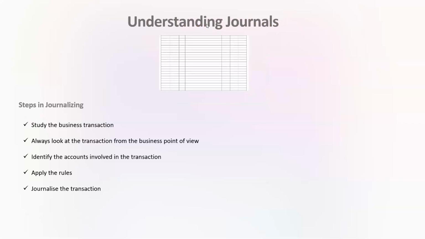And steps in journalizing. The first step is to study the business transaction. Understand why the transaction is being made, whether it's a cash transaction or purchase, or some kind of expense related to the sales of the product or expense related to the smooth running of the management, day-to-day expenses, or commissions or brokerage charges being paid or received, and any interest being received from the banks or paid to the banks while paying back the loan.